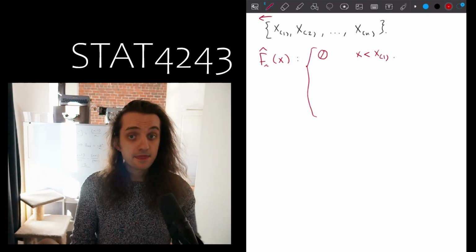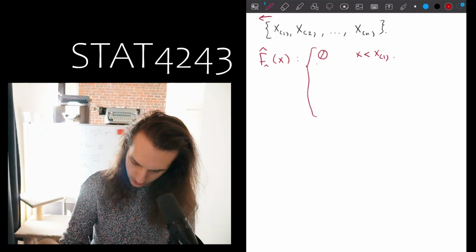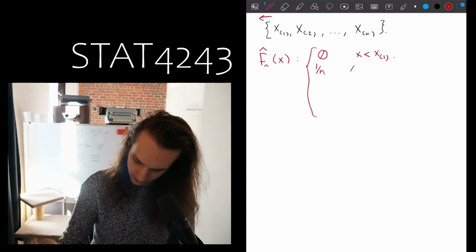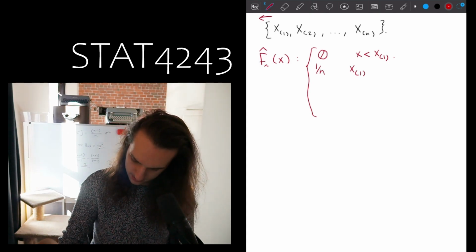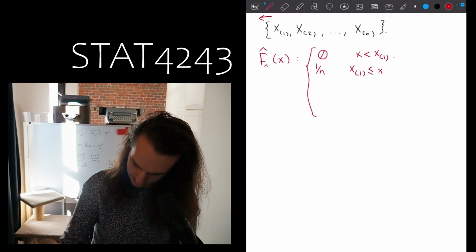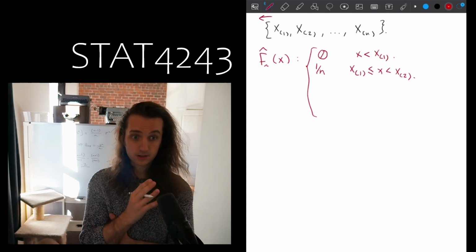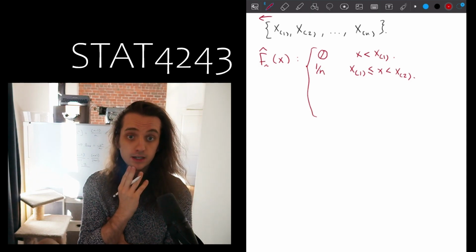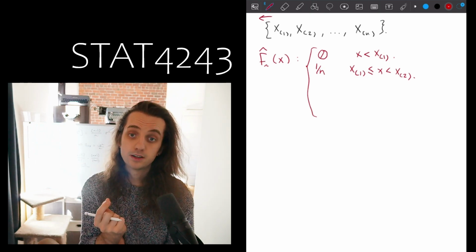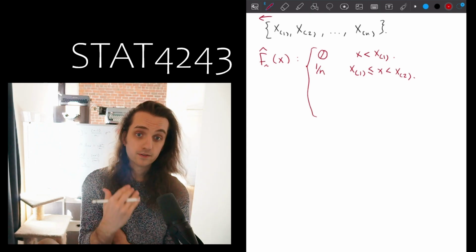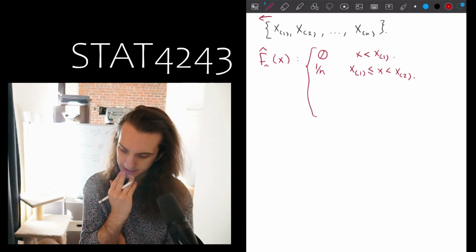And then what we'll find is that we get a value of 1 over n for all x1 less than or equal to x less than x2, because if you fall between your smallest value and your second smallest value, then 1 out of the n values are right there.